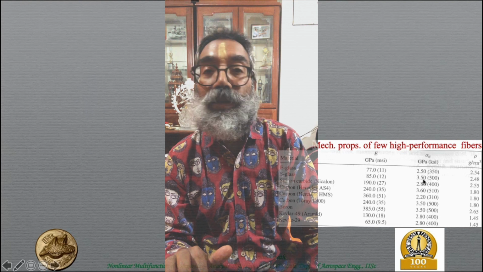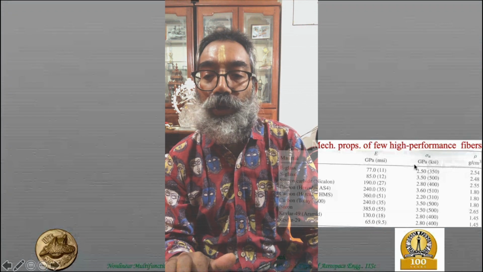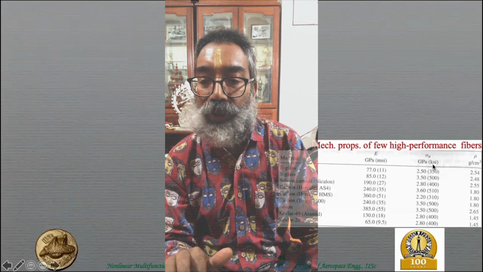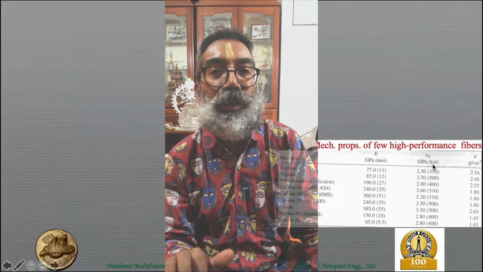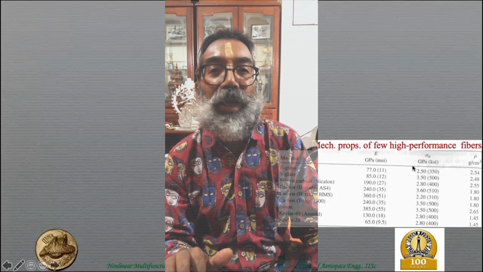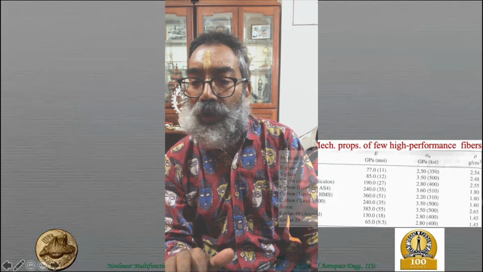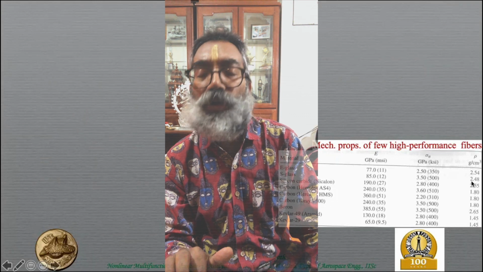Similarly, here there is a substantial increase in going from E glass to S glass, from 2.5 gigapascals to about 3.5 gigapascals in the ultimate tensile strength in the longitudinal direction for these fibers. Again, if you look at the densities, there's not too much of a variation.